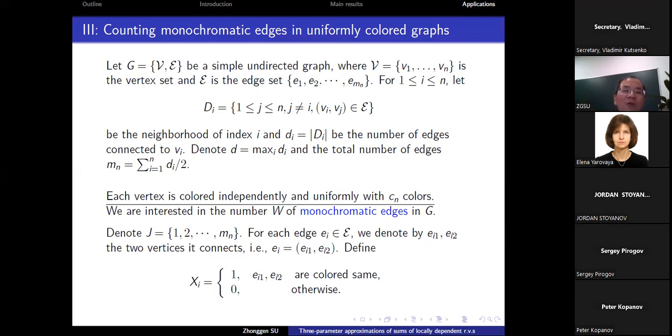Fix a graph G with n vertices and m_n edges. d_i is the degree of vertex i, and small d is the maximum degree of this graph. m_n is the total number of edges.